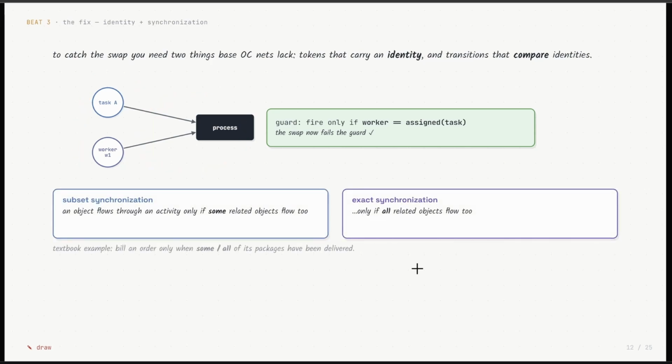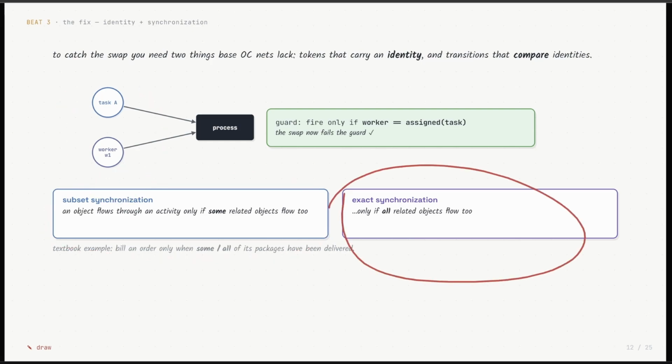Only the correct process is working, and it also brings an important idea: synchronization. Subset synchronization means an object flows through an activity only if some related objects flow too. So it needs to be the correct objects.